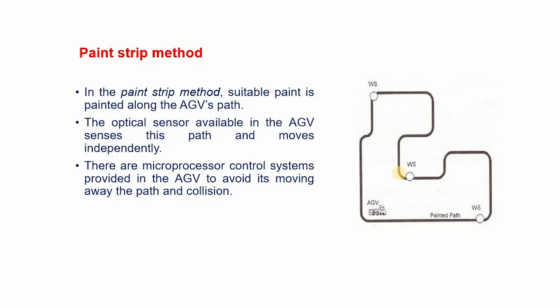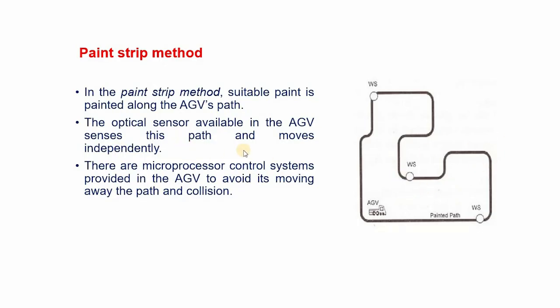Another method is the paint strip method. In this method, suitable paint is painted along the automated guided vehicle's prescribed path. The optical sensor available in the automated guided vehicle senses this path and moves independently.